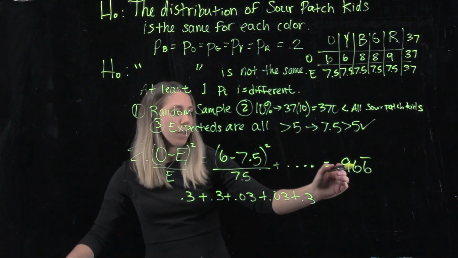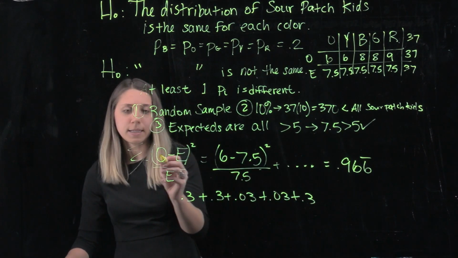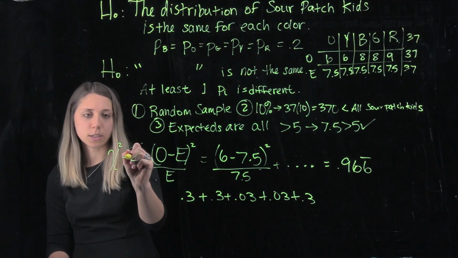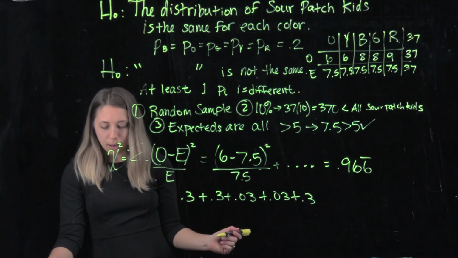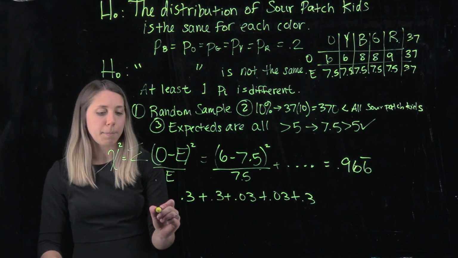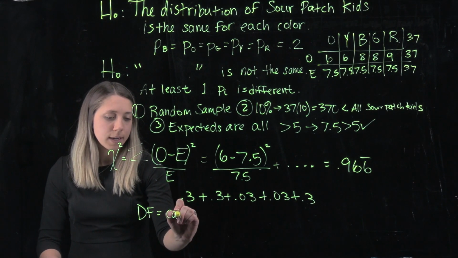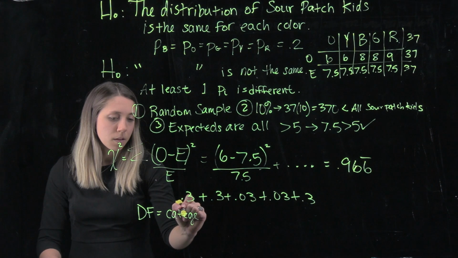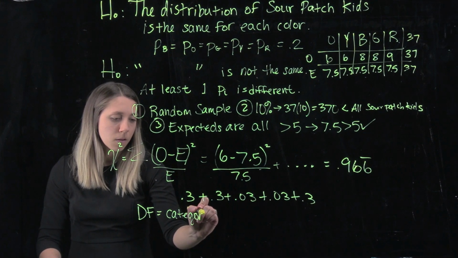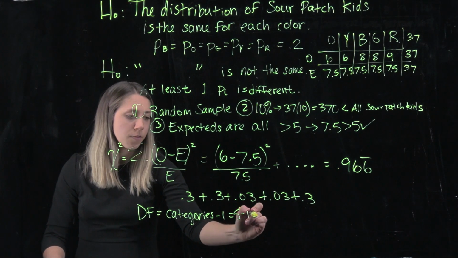You now have a couple of choices where to look this chi-squared test statistic up. So this is your test statistic, 0.966 repeating. You can look it up in your table. Remember, degrees of freedom here is categories minus 1. So in this case, it'd be 5 minus 1 is 4.